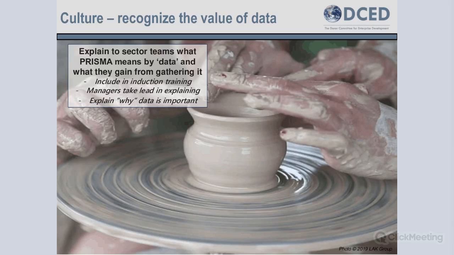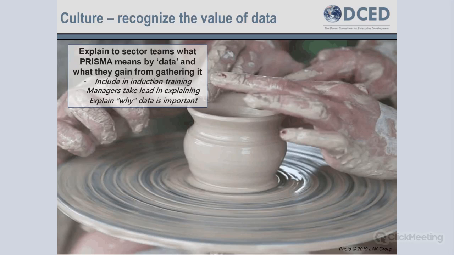That's why we put data at the center. And the first point is, what is the data we are talking about? So the first learning is to explain to the sector team what Prisma means by data and what they gain from gathering it. Initially, the idea of data was baseline and impact assessment.